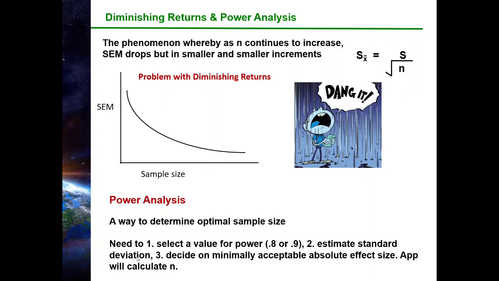And then the third thing that you need to do is decide what would be the minimally acceptable absolute effect size. So remember that absolute effect size is the difference among your means. So how big a difference do you think the means have to be? All right, how different should they be for the research to be worthwhile, for the research to be practically significant, which means important, all right?